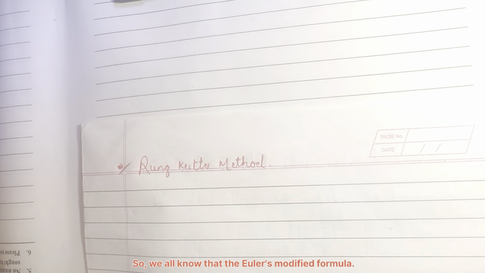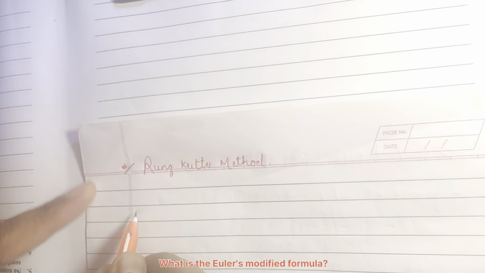So we all know Euler's modified formula. What is Euler's modified formula?